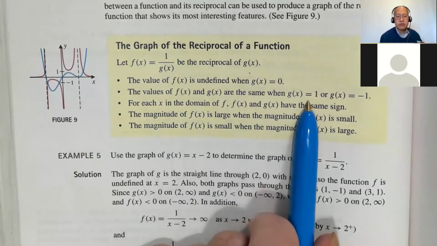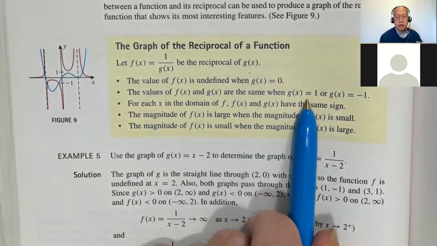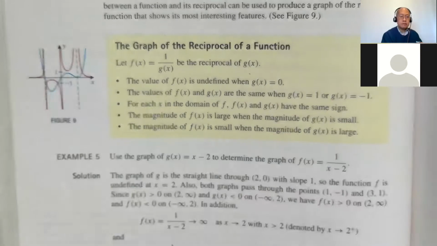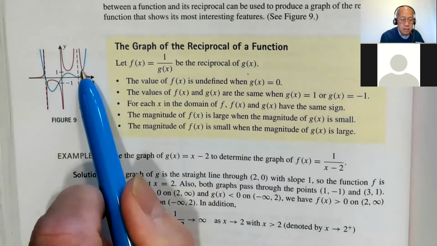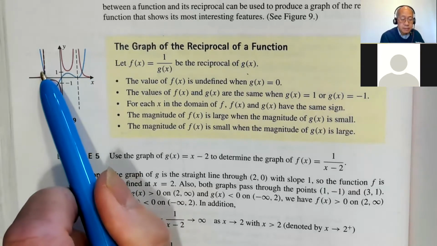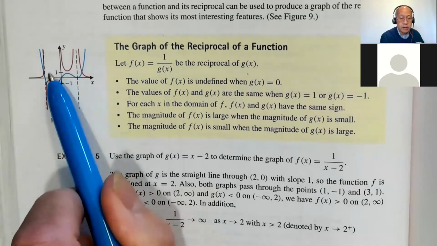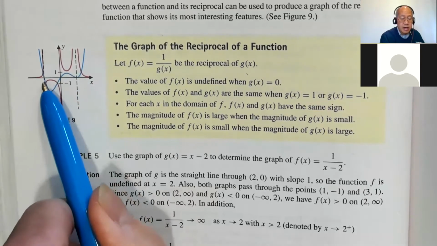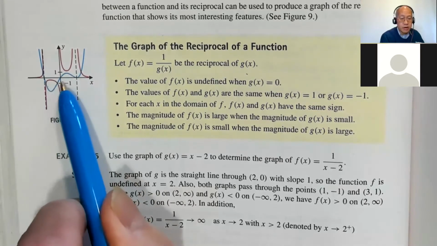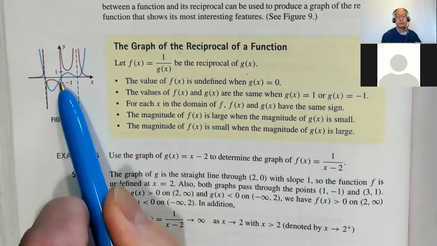The reciprocal of 1 is 1. The reciprocal of -1 is -1. So here y equals 1, right? The two graphs touch. How come? Because the reciprocal of 1 is 1. And the two graphs touch there and there because the reciprocal of -1 is -1.